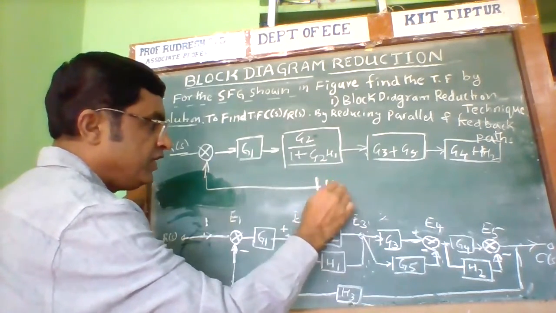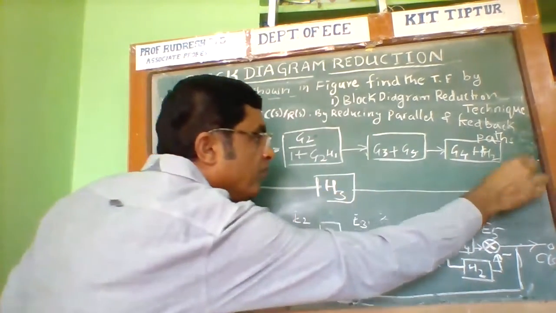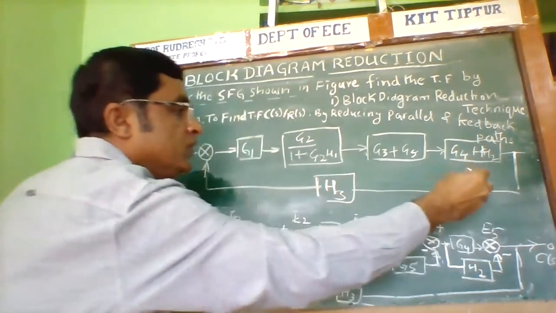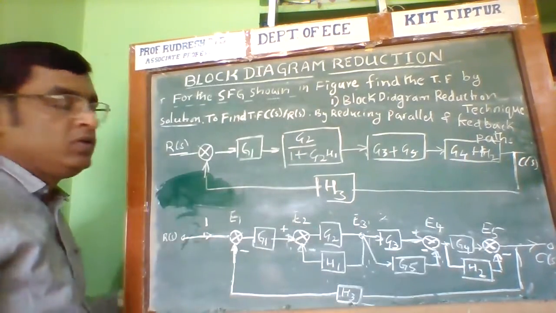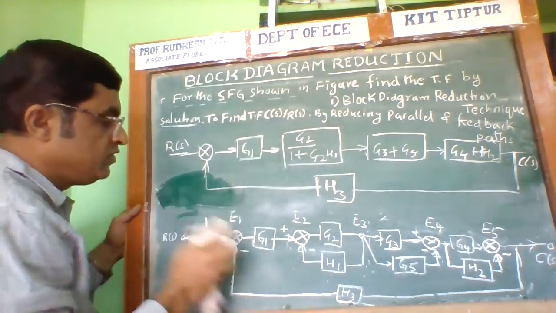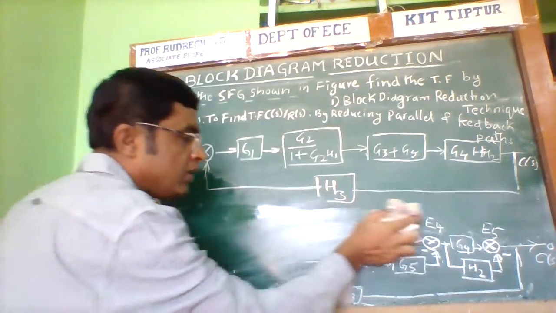Now this is H3. This is C(s), the output, and the input is R(s). This is the modified or reduced diagram.